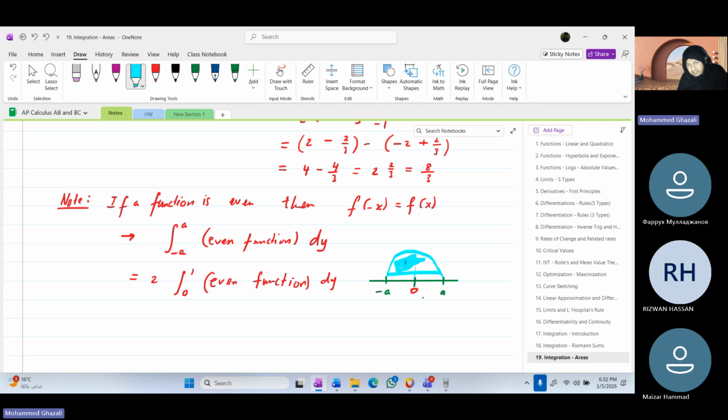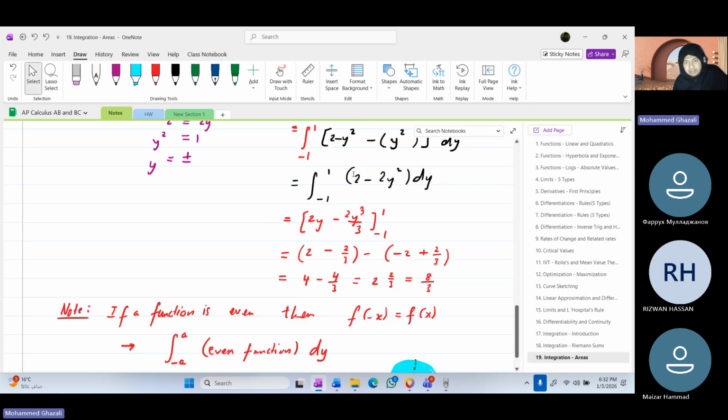This happens a lot. These types of integrals you find a lot in trig functions. Instead of integrating from negative a to a, I can just integrate from 0 to a and multiply it by 2. So I want to do the same example using the even function theory.